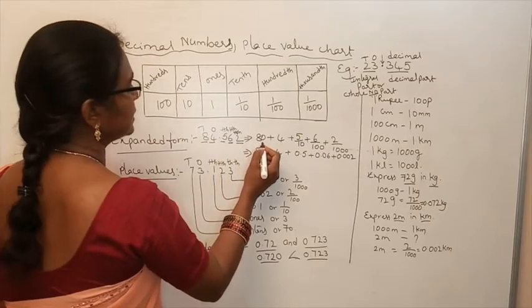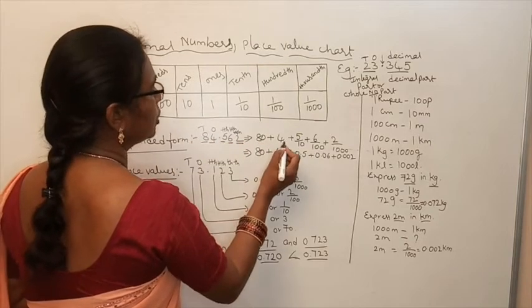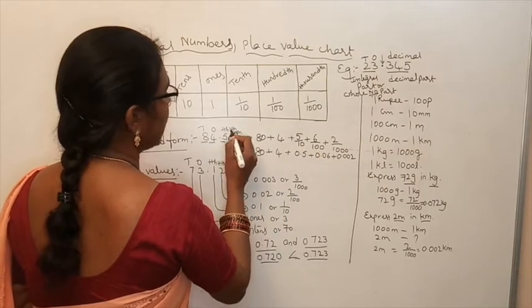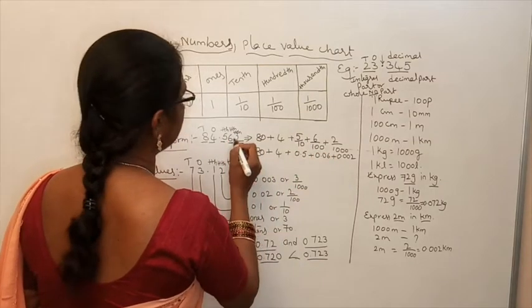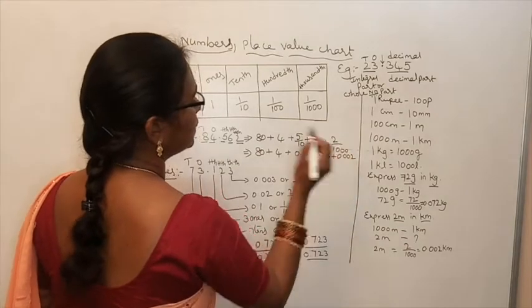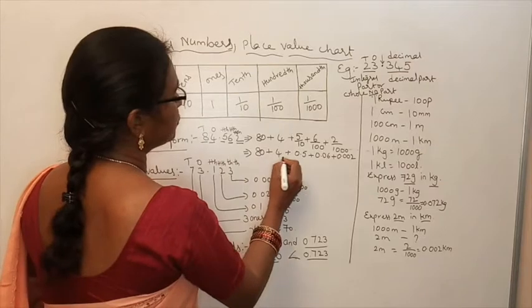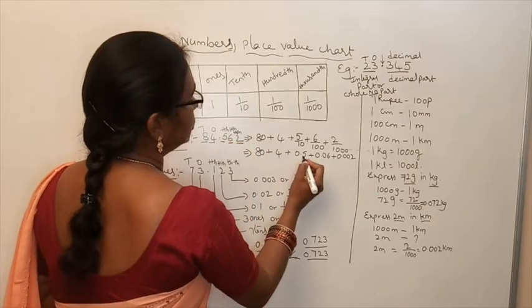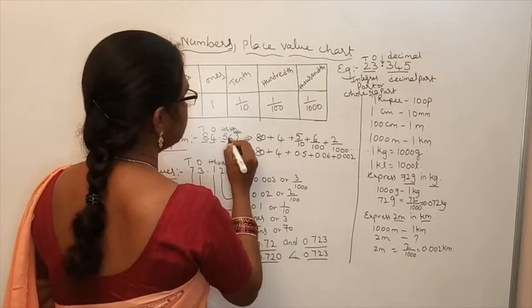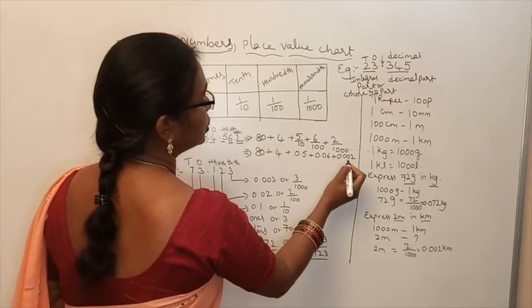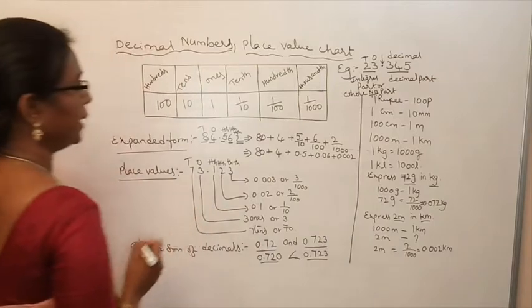Then 8 tens, 80; 4 ones, 4; plus 5 tenths, which is 5 by 10; plus 6 hundredths, 6 by 100; plus 2 thousandths, 2 by 1000. In decimal form, that means 80 plus 4 plus 0.5 plus 0.06 plus 0.002. This is the expanded form.